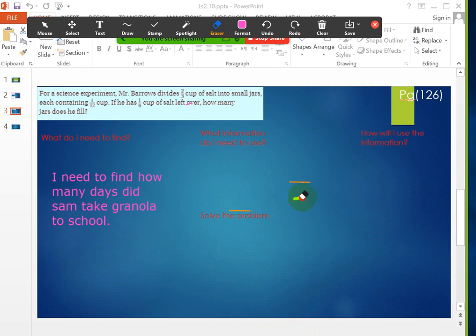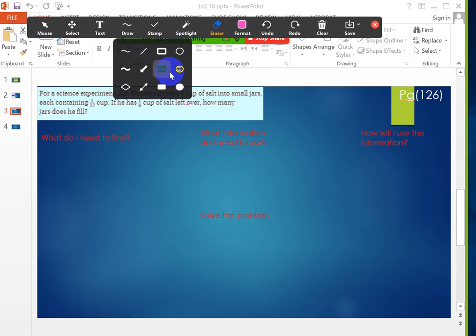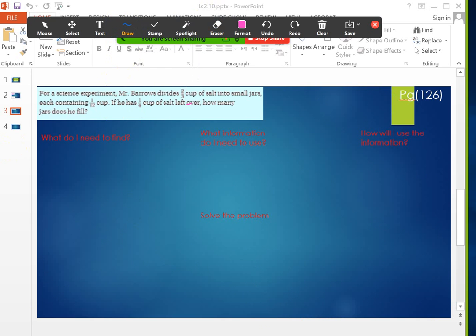First thing, I have to read the exercise, write those steps, then solve the problem by using a model. Let's read the example, girls.